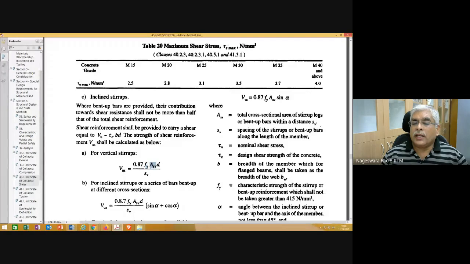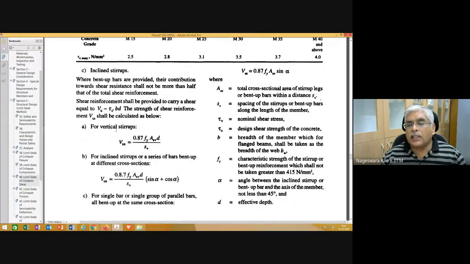So Asv is the total cross-sectional area of stirrup legs or bent up bars within a distance sv. We will understand in tomorrow's class how this equation is obtained. Then you will get a better feel for it, and it's not necessary that you mug up this equation. You can easily derive it whenever it is required. And this is for vertical stirrups.